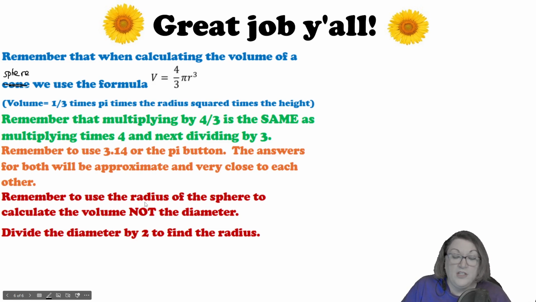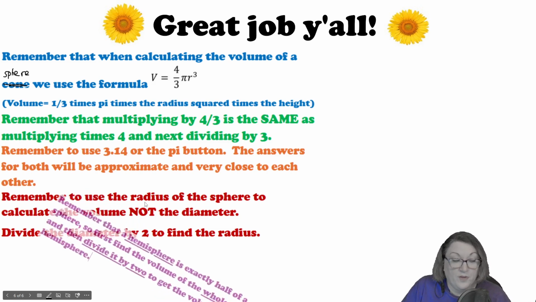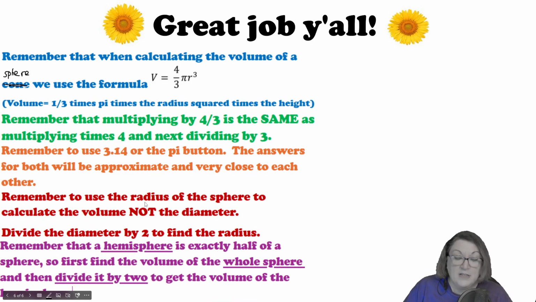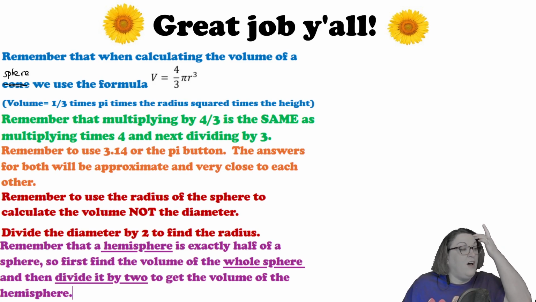Divide the diameter by 2 to find the radius. And also remember that a hemisphere is exactly half of a sphere. So first find the volume of the entire whole sphere and then divide it by 2 to get the volume of the hemisphere. So that concludes our video on how to find the volume of the sphere and the hemisphere.